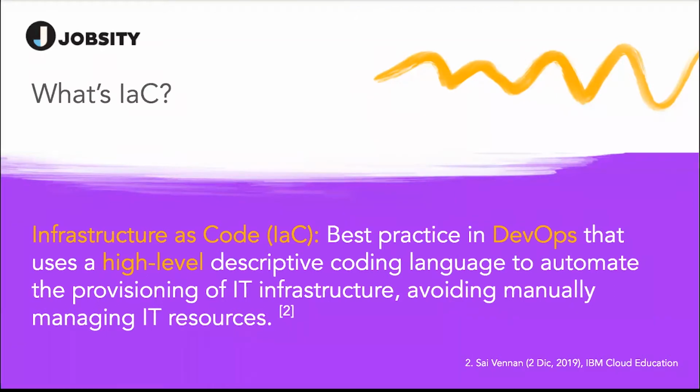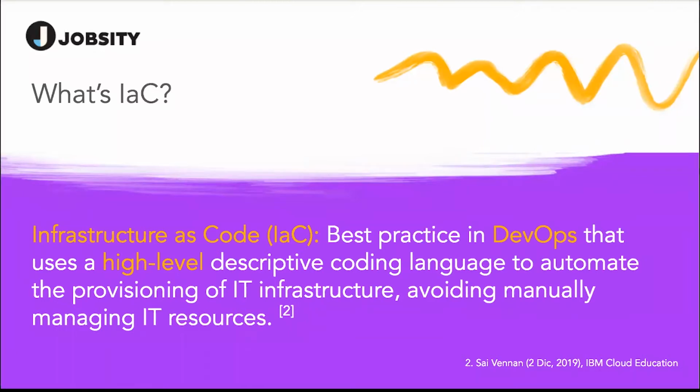So you need to think about the infrastructure as well. There are a couple of best practices for managing IT resources, but this is one that people use, which is basically with code, configuration files, templates, using highly descriptive coding languages to manage IT resources.